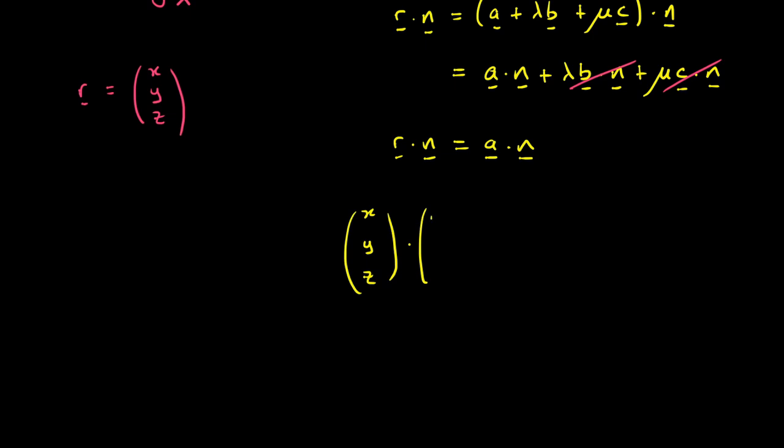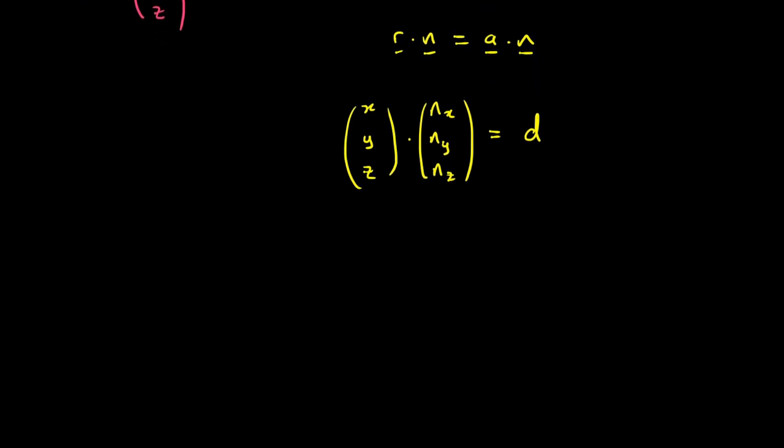Now, the normal vector I'll call nx, ny, nz, is equal to a dot n. Now, a dot n is just going to give me a scalar, right? So I'll call that scalar there d. And if I was to expand this, I get nx times x plus ny times y plus nz times z is equal to d.